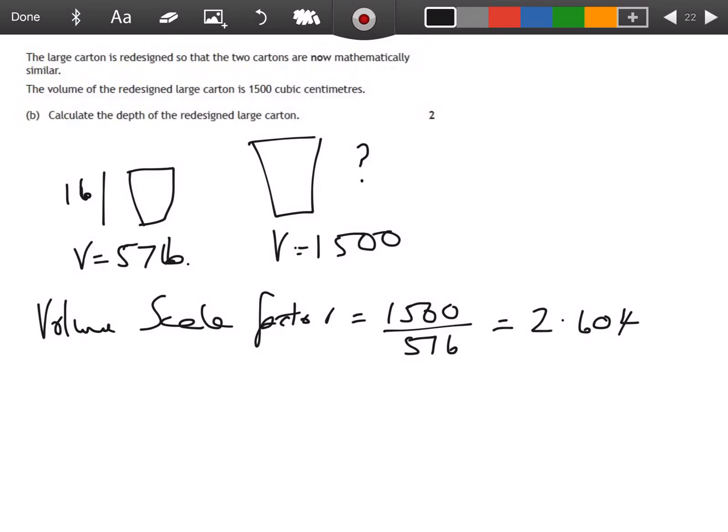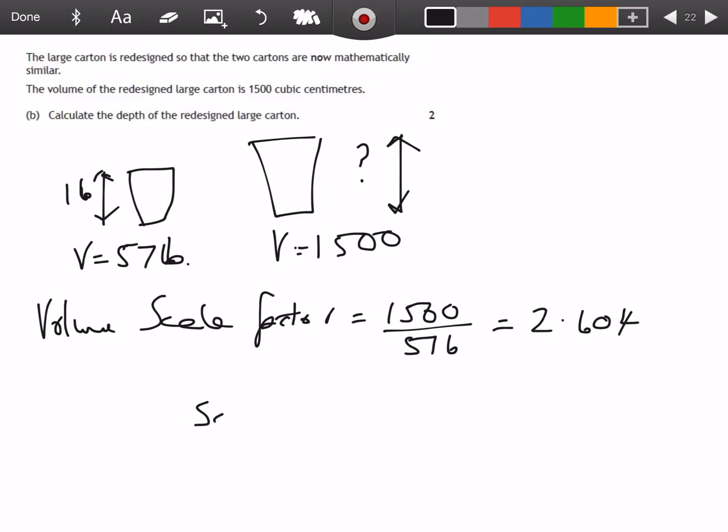Basically what that tells us is the big volume is 2.6 times bigger than the wee volume. However, remember, we don't simply take 16 and multiply it by 2.6 to get the height of the big one. That's not how this works, okay? This is a volume scale factor.